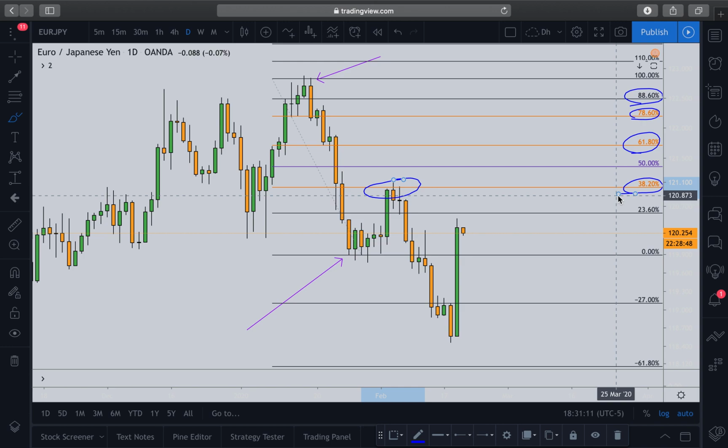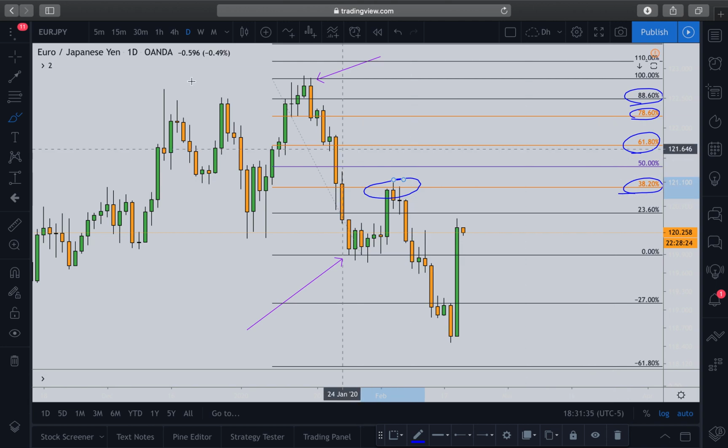Your 38.2 is going to be your strongest rejection level. So if price retraces to 38.2 and rejects there, that is going to be your strongest rejection. So expect a more volatile push after price rejects the 38.2 retracement level.